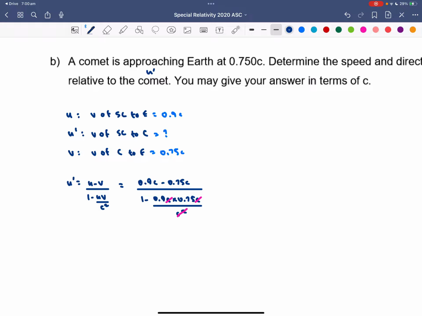So really what we're putting into our calculator is 0.9 take 0.75 all over 1 take 0.9 times 0.75. And that will give the answer in terms of c. And that gives us a velocity of plus 0.462.